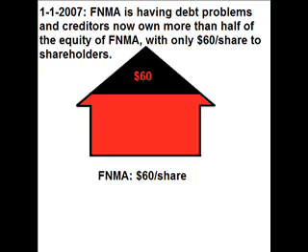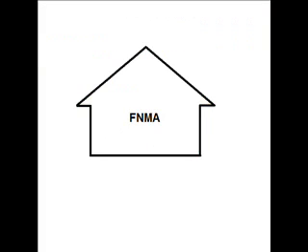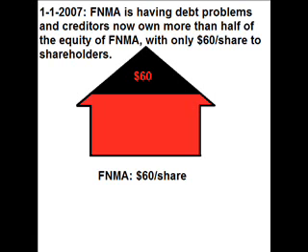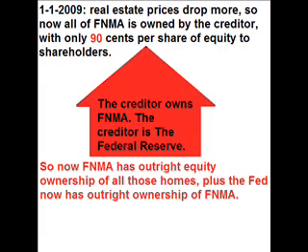Maybe the creditors own more than half of the equity of Fannie Mae now, with only $60 a share to each shareholder. Maybe that's a little bit similar to what went on there. Creditors got more power over Fannie Mae. Shareholders got a little bit less of what's left over. All right, something like that. I'll go over to 2009. This isn't really true, but it's a good analogy.